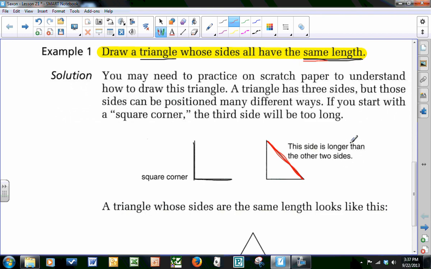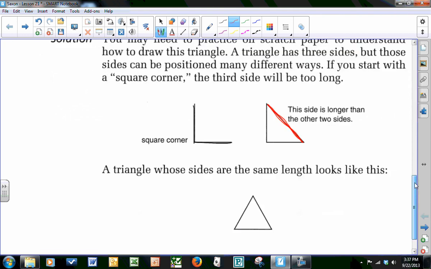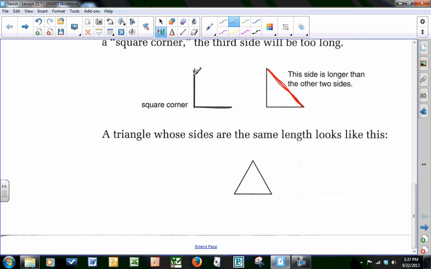That's the challenge today. So instead of starting off with a big L shape corner, you're going to want to draw a triangle whose sides are the same length. And so you're going to want to start with the base, the bottom leg of the triangle. And then you would measure that. Let's say it's 1 centimeter.